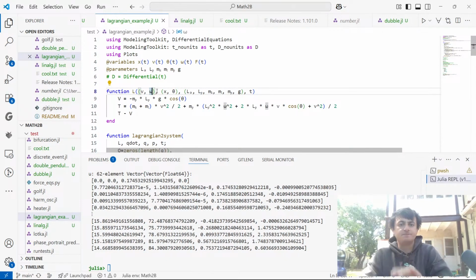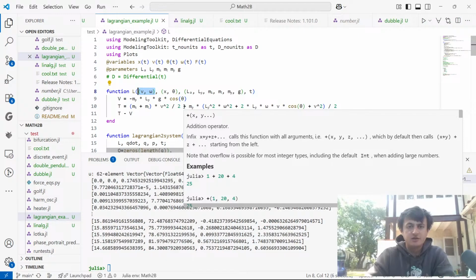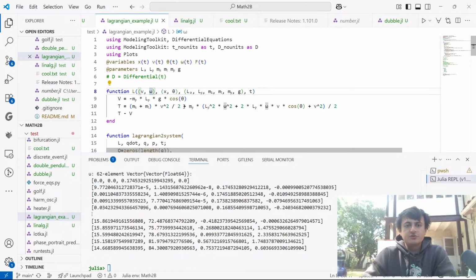So what we can do is call it omega 1 and omega 2. And then we're going to call it theta 1, theta 2.